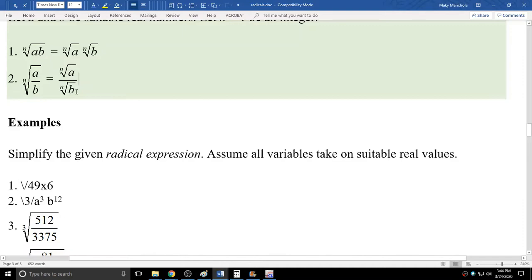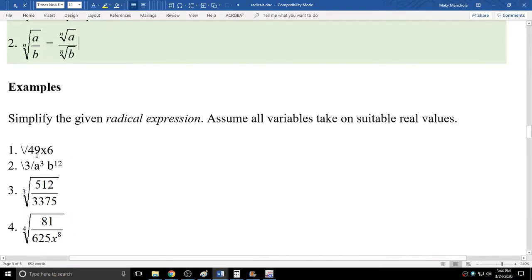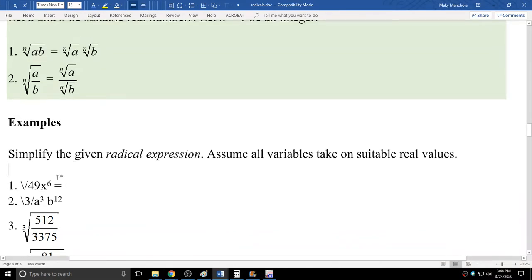So using these rules, I want to simplify the following radical expression. Here I have the square root of 49x to the 6th power. According to the first rule in this list, the square root of 49x to the 6 can be viewed as the square root of 49 multiplied by the square root of x to the 6.